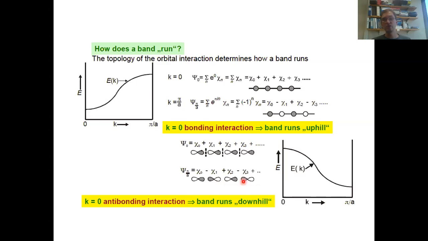So overall, this crystal orbital at pi over a would have the smallest energy. All the other crystal orbitals would be in between, and our band would effectively run downhill. And at k equal to pi over 2a, we would find crystal orbitals with exactly non-bonding character.